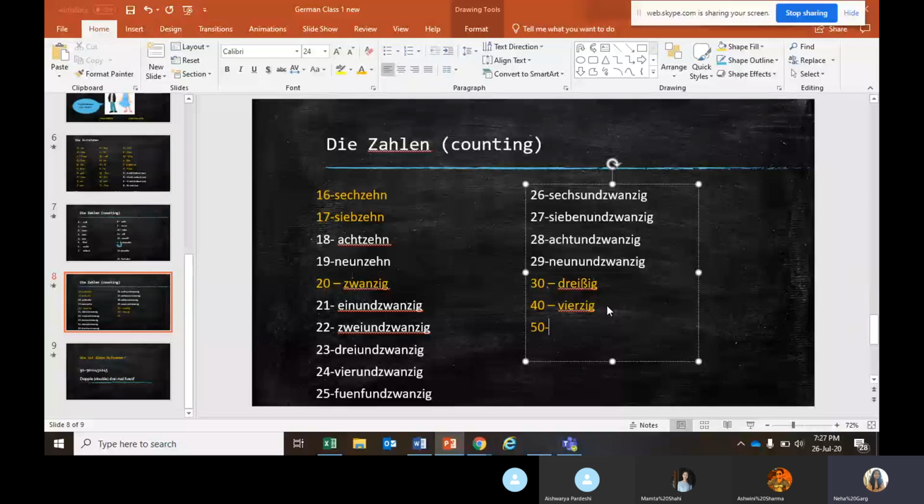Some people pronounce it as zwanzig, and some pronounce it with a sh sound, so either way can be used. Can I pronounce 40 as vierzish? Yes, because the G at the end gives a sh sound.